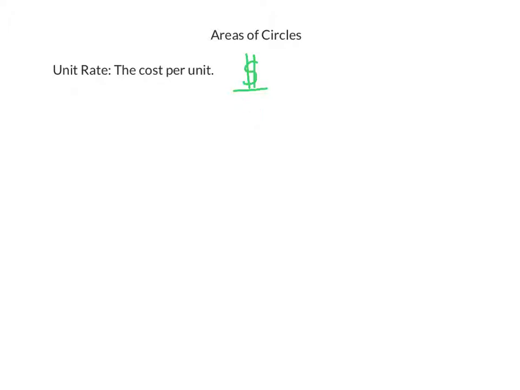If we were going to buy a length of hose or something, then that would be per inch or per foot. But this is per square inch. So in order to find the unit rate, we're going to need to first calculate the square inches in 2 or 3 pizzas, whatever we're going to compare. And then we're going to divide the cost of each pizza by how many square inches it has and find out how much each one costs per square inch. And of course, we're looking for which one costs less for a square inch.